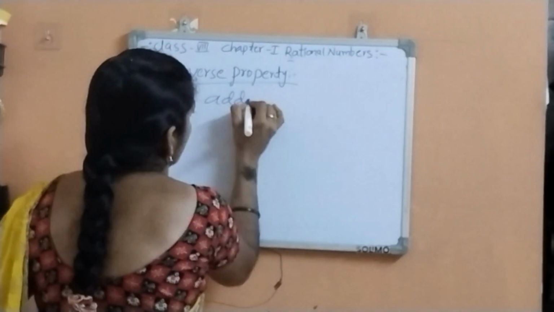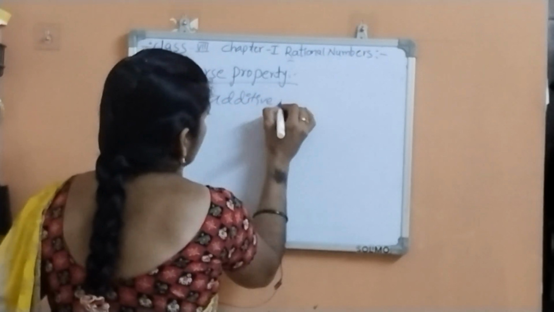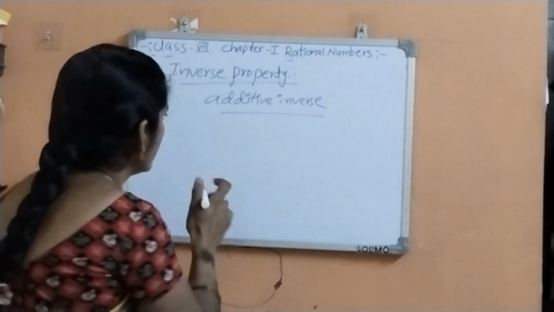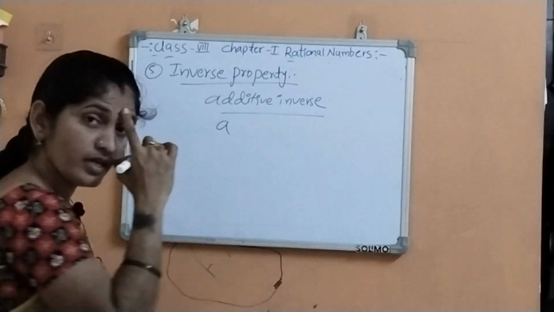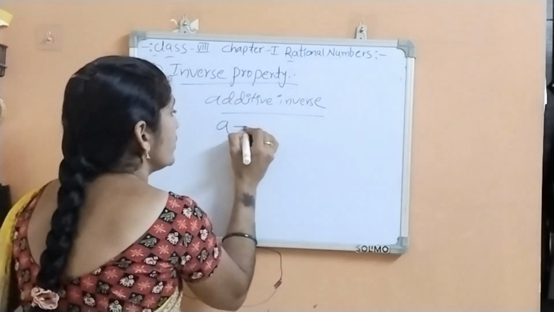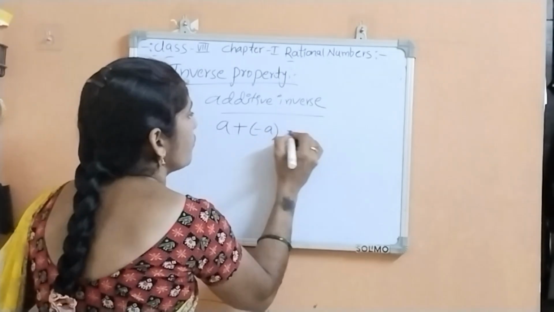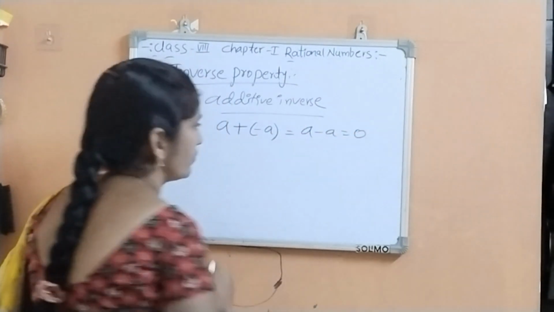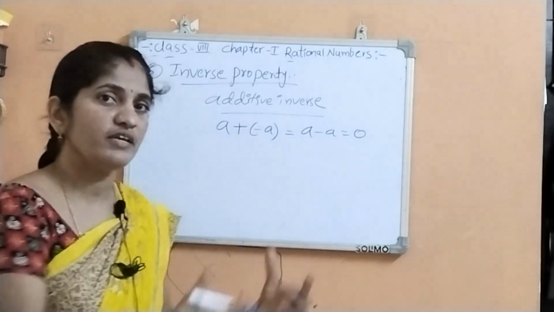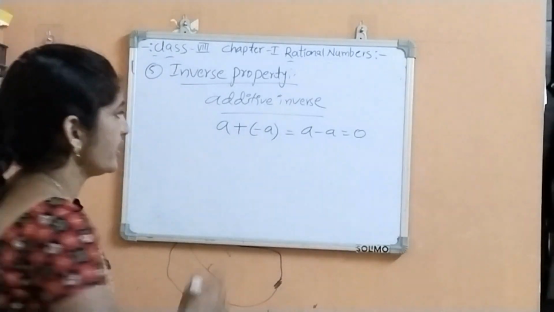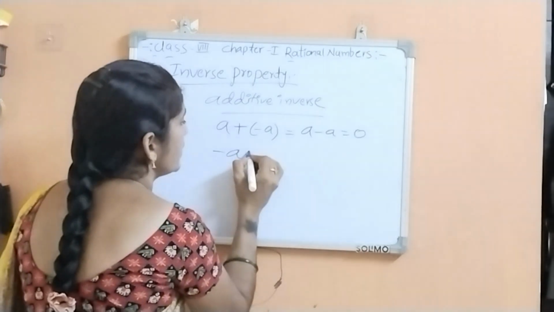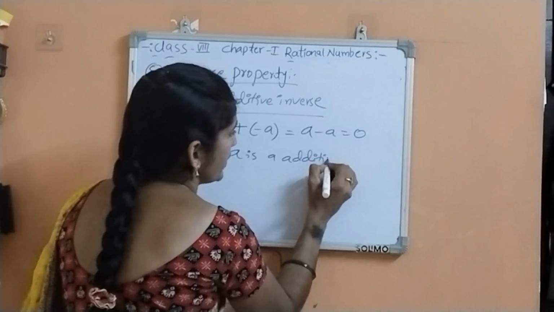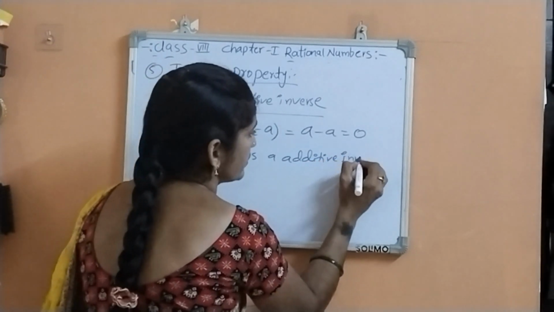If we take a and add minus a, what do we get? a plus minus a means 0. By adding minus a we get 0. So in this case minus a is the additive inverse.